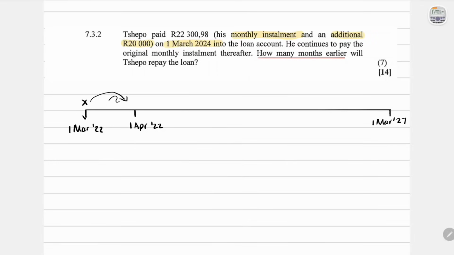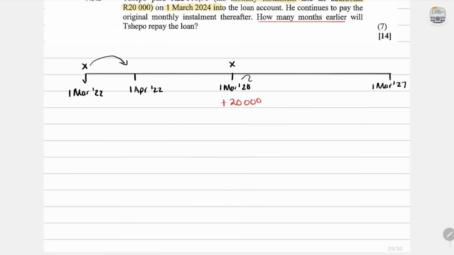So this means that he was making all of these other installments, but on the 1st of March 2024, he makes this payment that he normally makes every month and an additional 20,000. Okay, I'll just put it down here. So after he makes this 20,000, we need to find out how much earlier he's going to finish, since he's making this 20,000 so that he can speed up his payments of this loan.